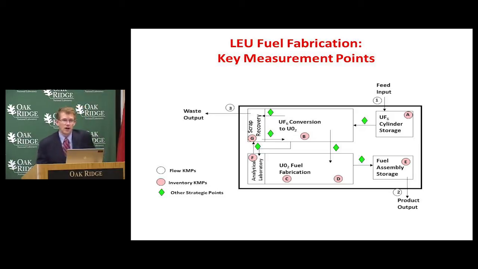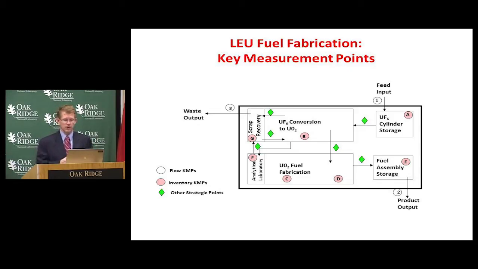What's kind of beyond the scope of this course is how the agency looks at activity. They generally define materials as either individual, discrete items, such as cylinders of UF6 or fuel assemblies, where the nuclear material does not change form, concentration, or quantity inside these containers.